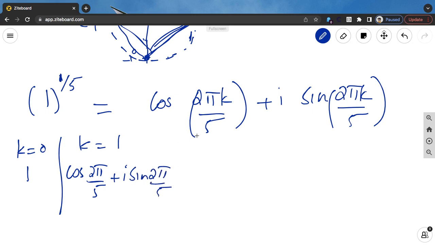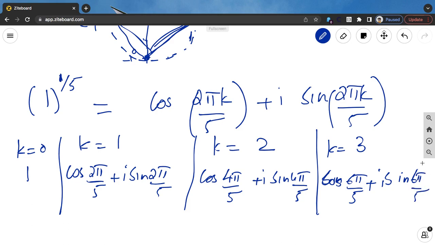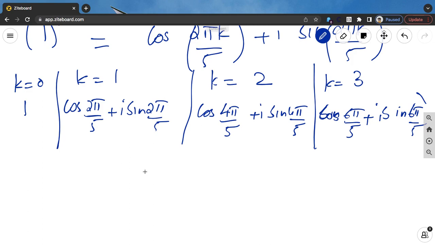What is 2 pi by 5? 360 divided by 5 is 72. If I substitute k as 2, I'll get cos of 4 pi by 5, which is 144 degrees, plus I sine of 4 pi by 5. If I substitute k as 3, I'll get cos of 6 pi by 5 plus I sine of 6 pi by 5. And if I substitute k as 4, I'll get 8 pi by 5 and so on.